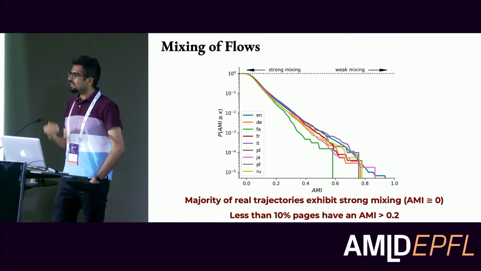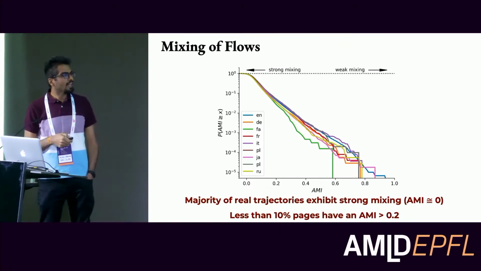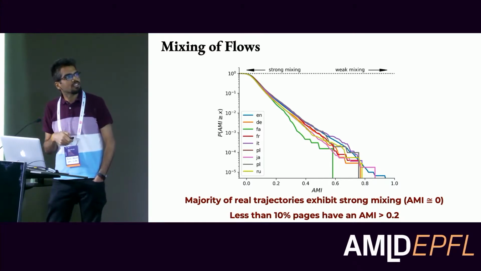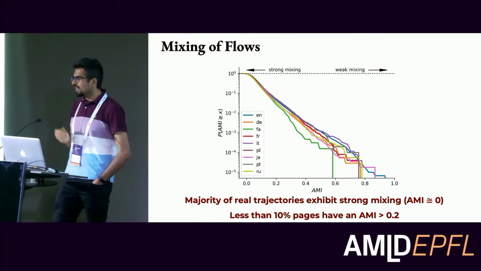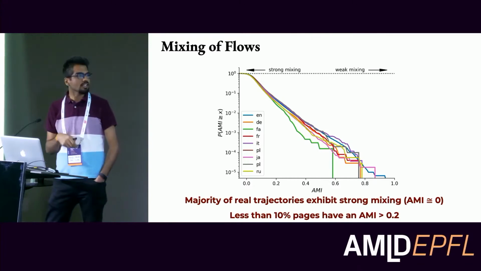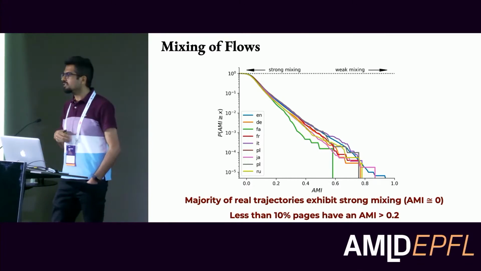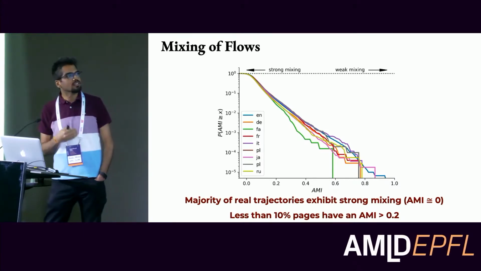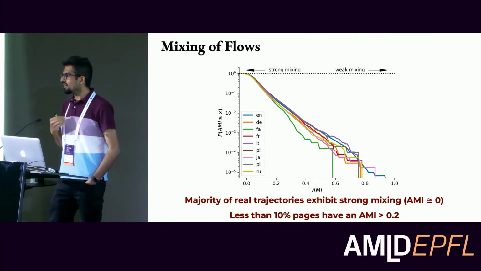That is, the traces actually lack predictability. It's also important to see that this is an exponential decay curve, which decreases very fast. You can see that less than 10% of pages have a mutual information greater than 0.2. In fact, only less than 0.1% of pages have a mutual information greater than 0.5.